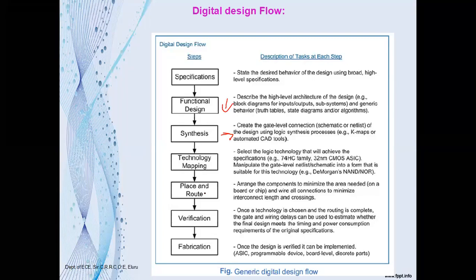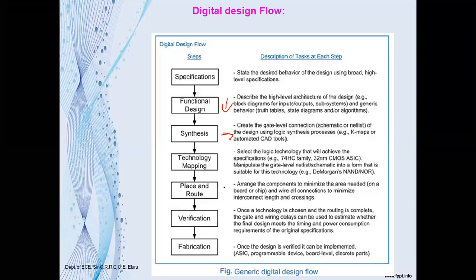If we have too many lengthy wires, the delay will be more for the circuit. That's why we have to place the digital logic gates in a proper sequence. And then the verification.